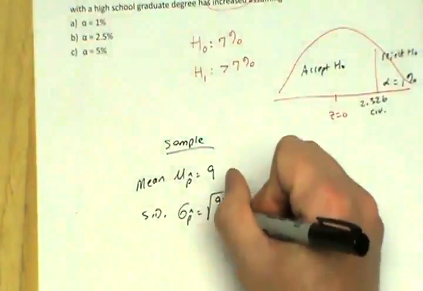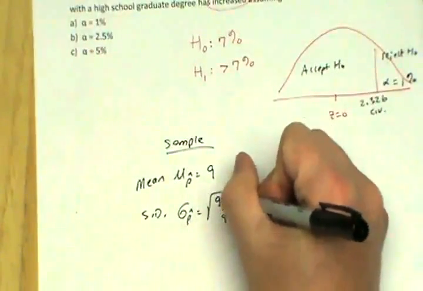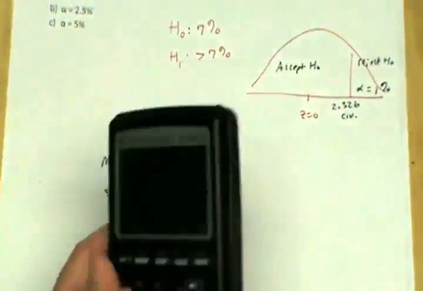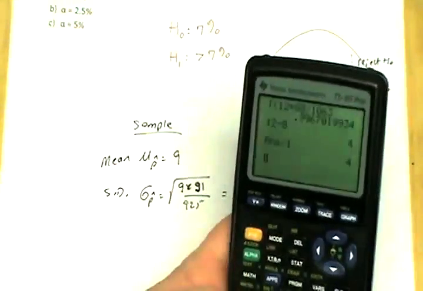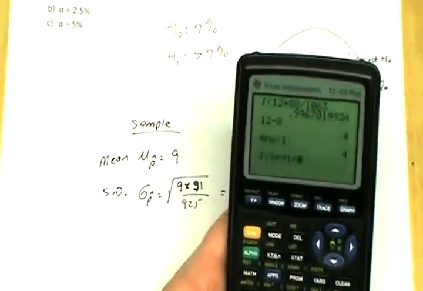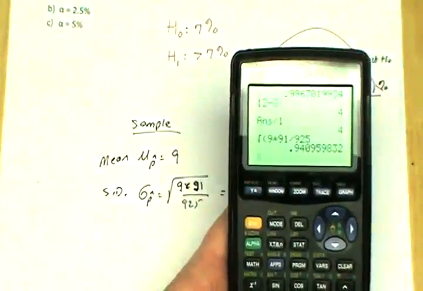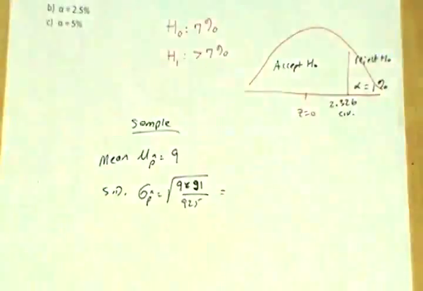Divided by the sample size of 925. That's not a decimal point there, by the way. That's just 9. Okay. Square root. 9 times 91 divided by 925. Let me show you there. 9 times 91. 0.94.